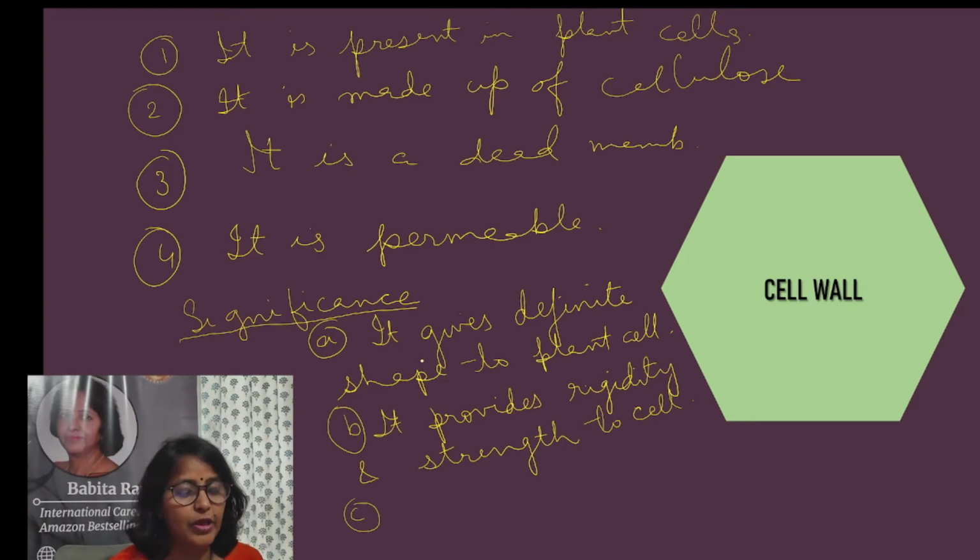Now, it being very rigid, it being the outermost layer of plant cell, because cell wall is present outside the cell membrane. So, being the outermost boundary of the cell, it is protecting the internal cell organelles that is present inside the cell. So, one function is also protection.